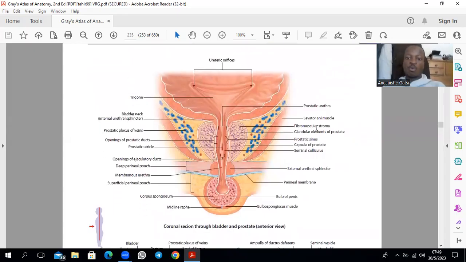Then what really divides the prostate into those distinguished lobes is the presence of the urethra as well as the ejaculatory duct.